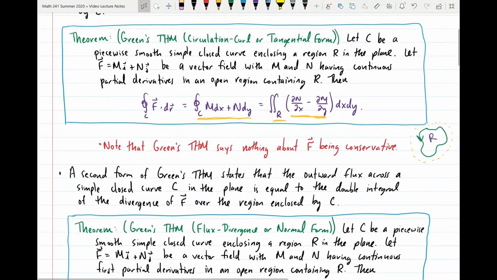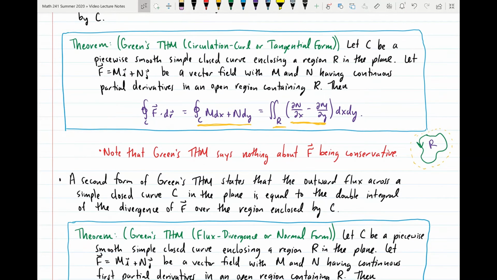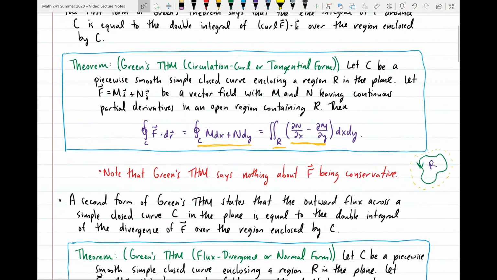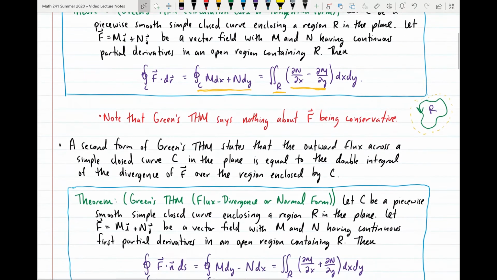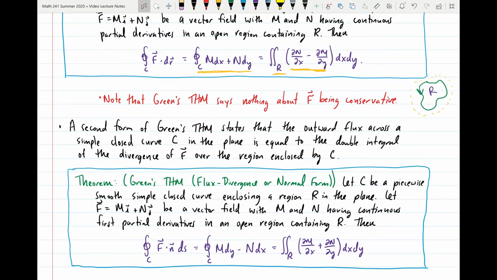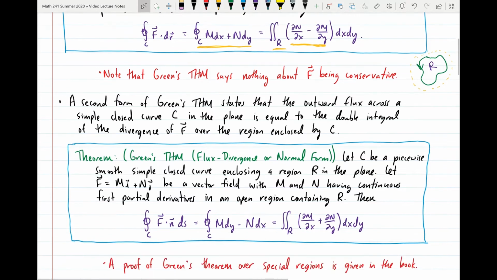But Green's theorem applies for many more vector fields than just conservative vector fields. So we don't have that extra condition, which makes Green's theorem more powerful. And often Green's theorem will be easier to apply to finding a line integral than calculating the line integral directly.